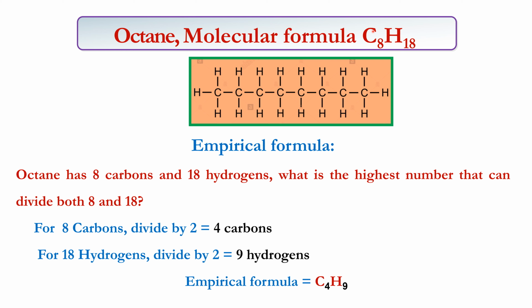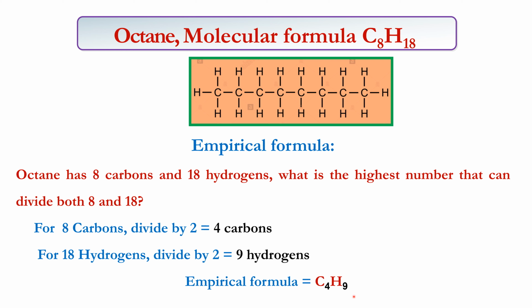So if we divide C8 by 2, we will get 4 carbons. And if we divide 18 by 2, we will get 9 hydrogens. So the empirical formula for ethane is therefore C4H9, because when we divided 8 carbons by 2, we got 4, and when we divided 18 hydrogens by 2, we got 9 hydrogens.